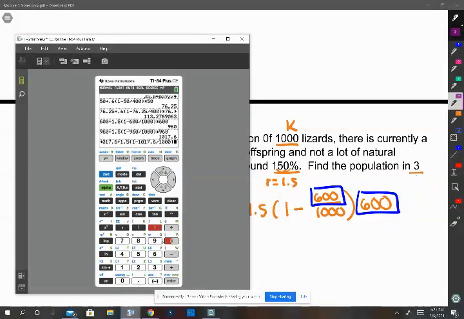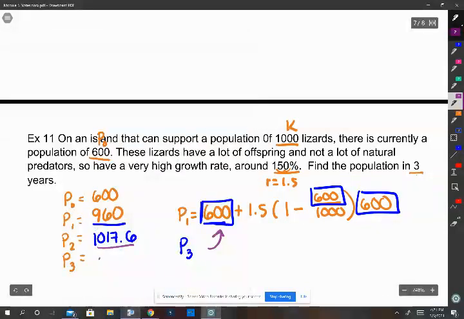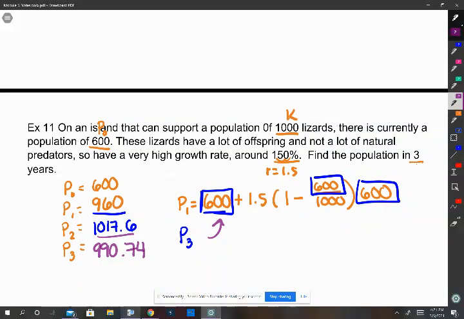And then we're going to times it by 1017.6. And you'll notice that this is going to go back down. So now we're back down to 990.74. And so what's going to happen if I do the next one is it's going to go back up. And it's going to kind of just oscillate around that carrying capacity.